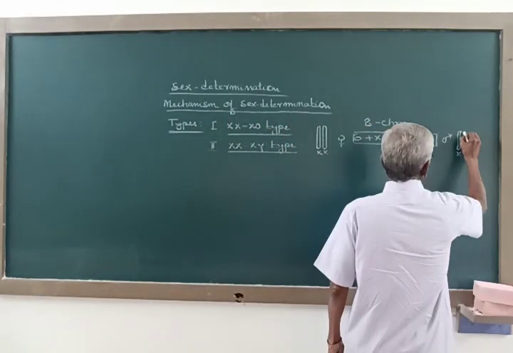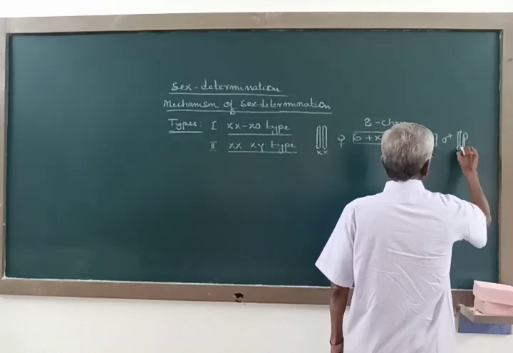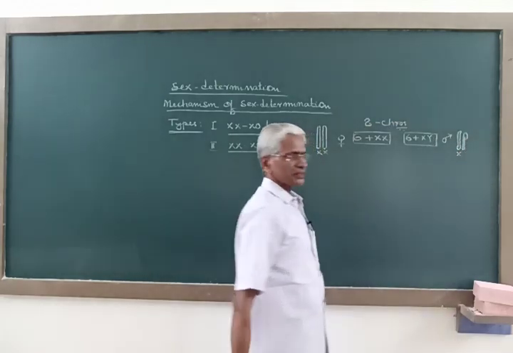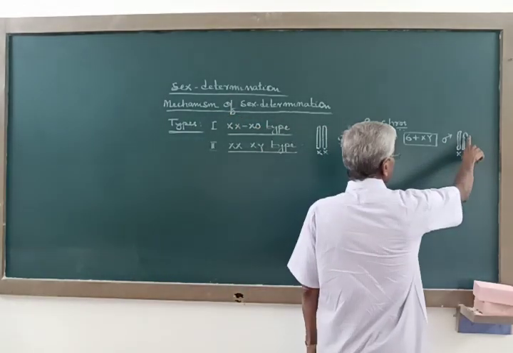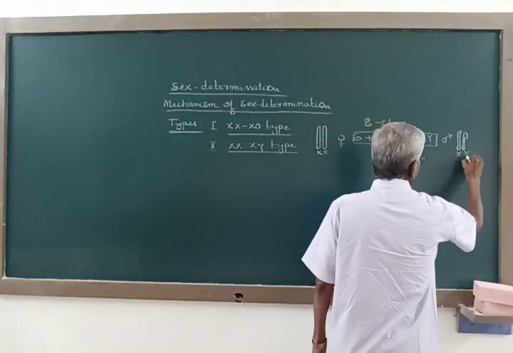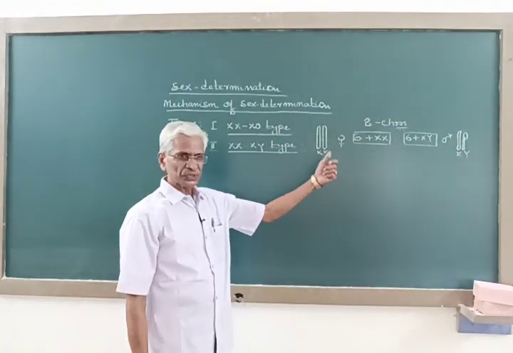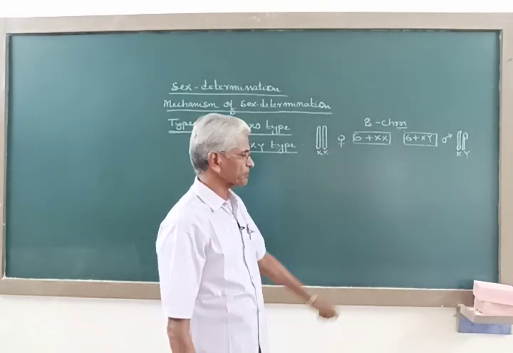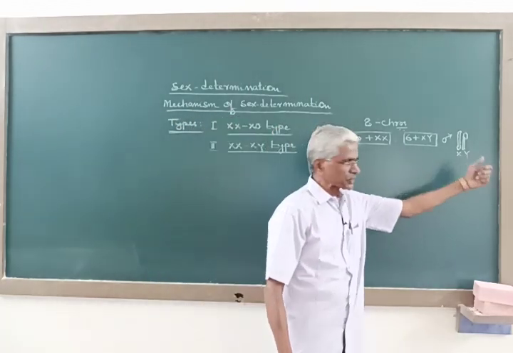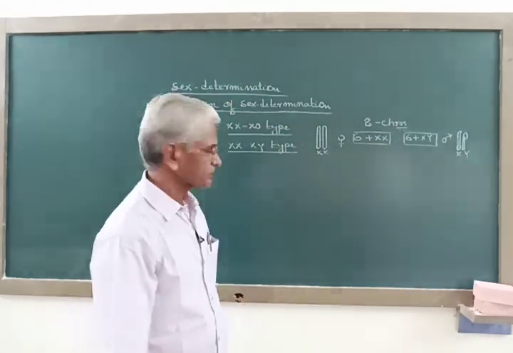But another chromosome that forms a pair with this X chromosome is dissimilar. It has a curved part at one end, and this is the Y chromosome. So in Drosophila, XX makes a fly become female and XY makes it become male.